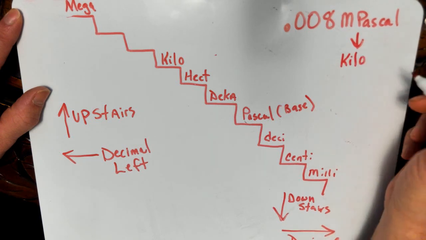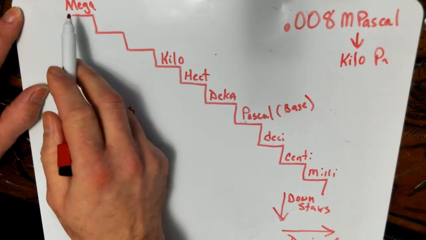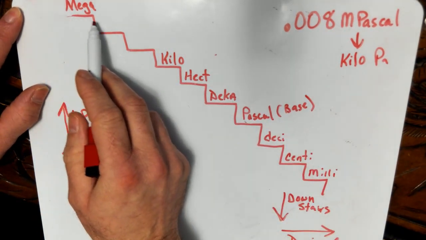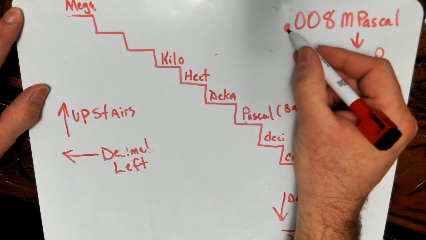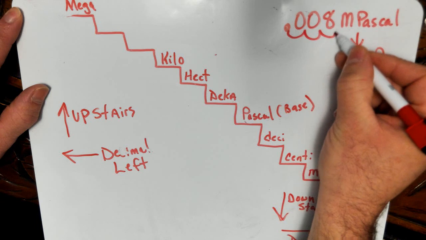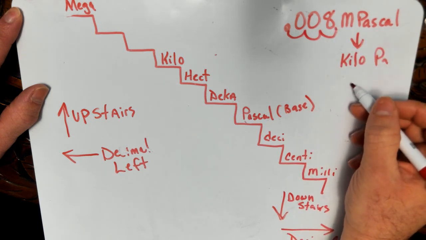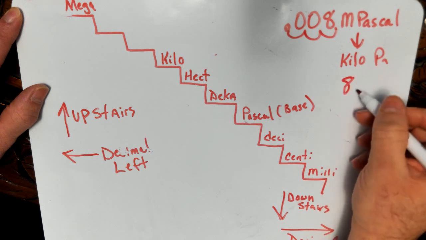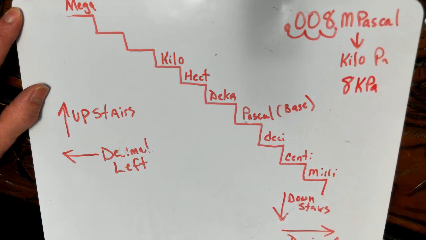I want to know what the kilopascal is. So I'm going to come from mega and step down: 1, 2, 3. 3 steps. So again, this would be 1, 2, 3. So 0.008 megapascals is equivalent to 8 kilopascals.